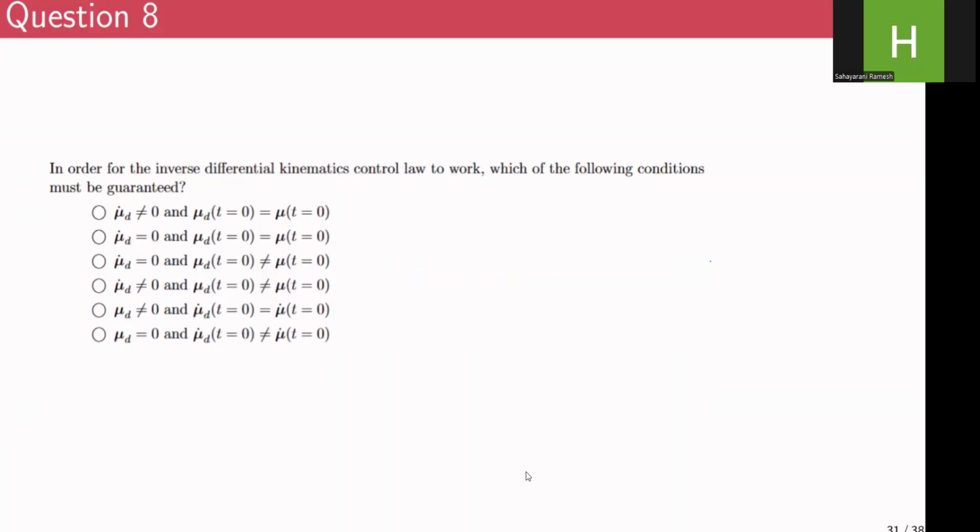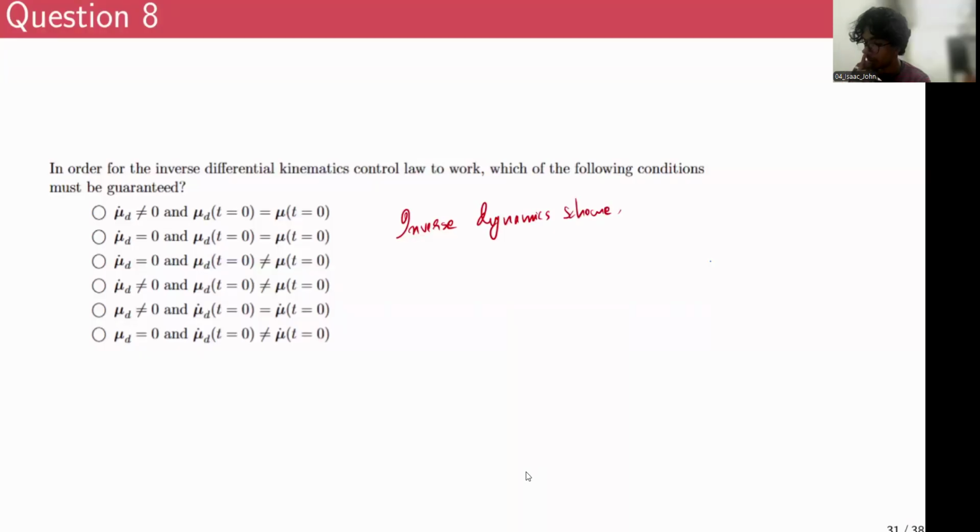In case of an inverse differential kinematics scheme, the kinematic equation is something like eta dot equals J of q multiplied by q dot.